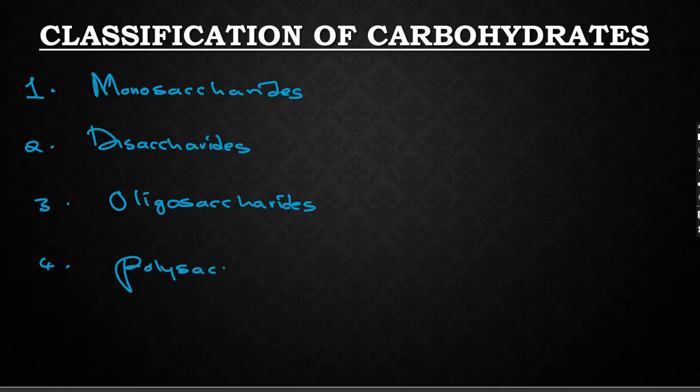I know that from primary, or let me just say from high school, you only learned about 1, 2, and 3. The aspect of oligosaccharides was skipped, but here you are going to learn about it, and you shouldn't ignore it. So what are monosaccharides?